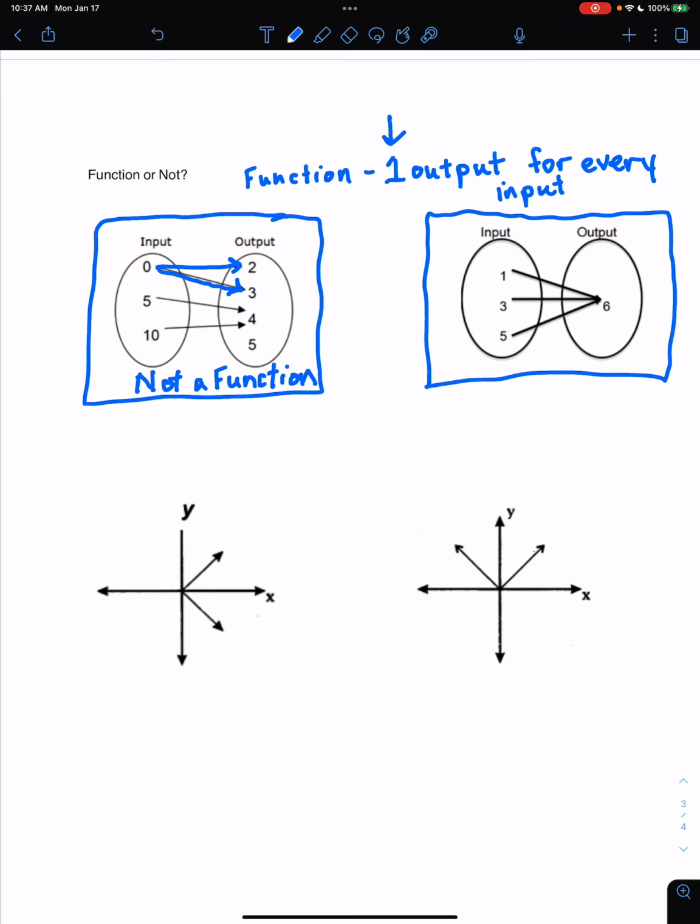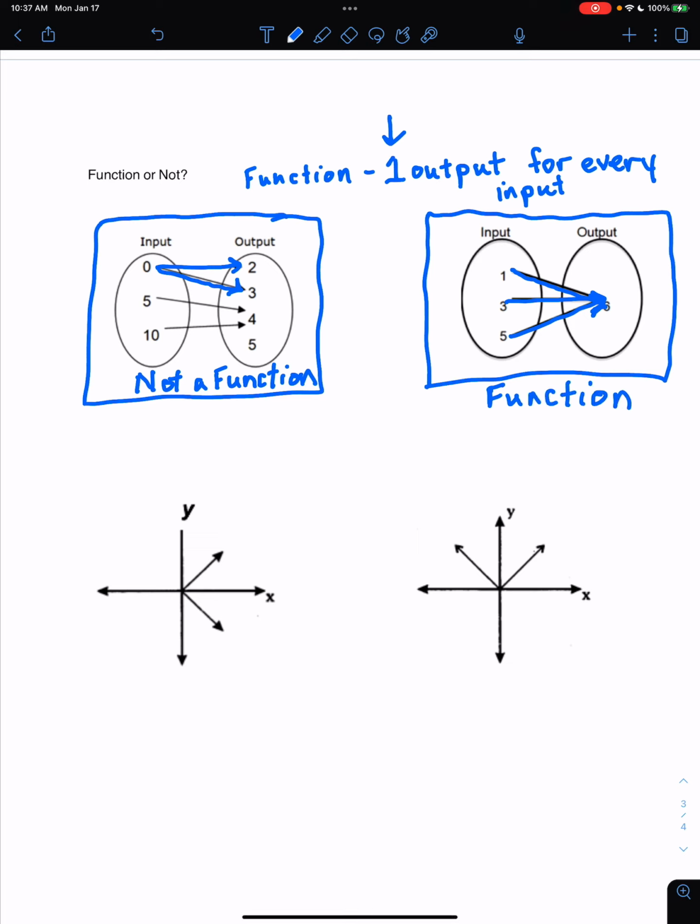This time we have several inputs going to the same output. Is that allowed in a function? Actually, it is. It's fine. As long as each input only goes to one output, this is a function.